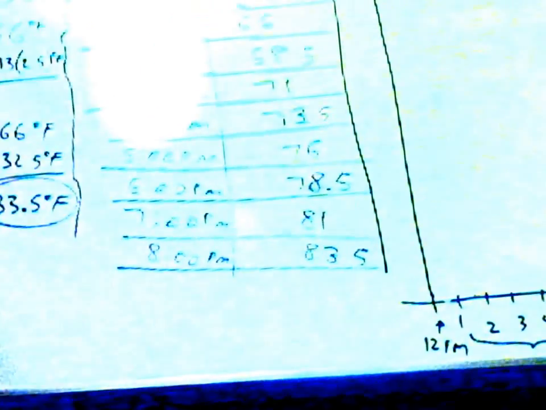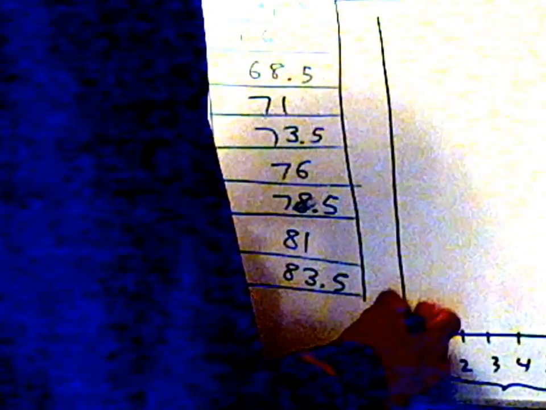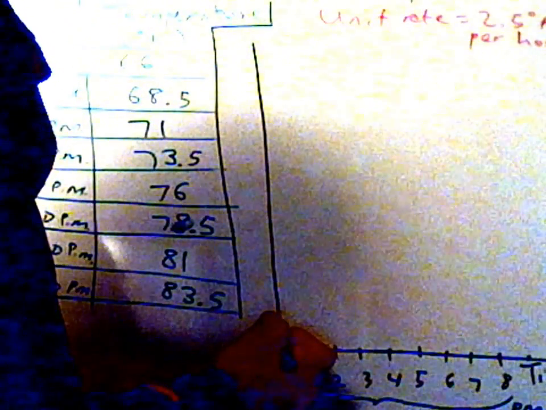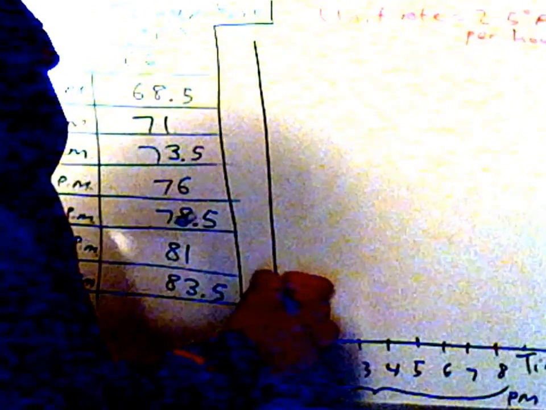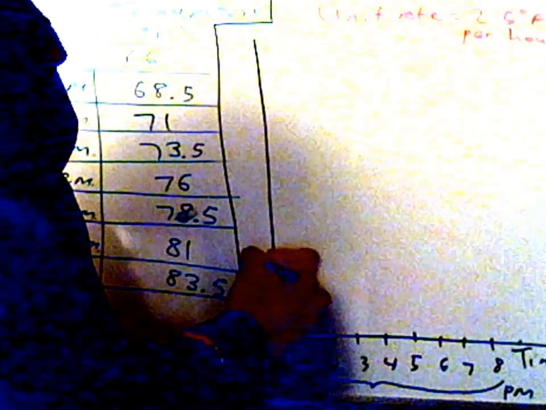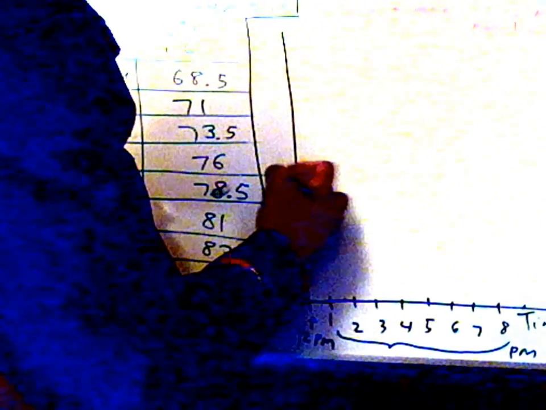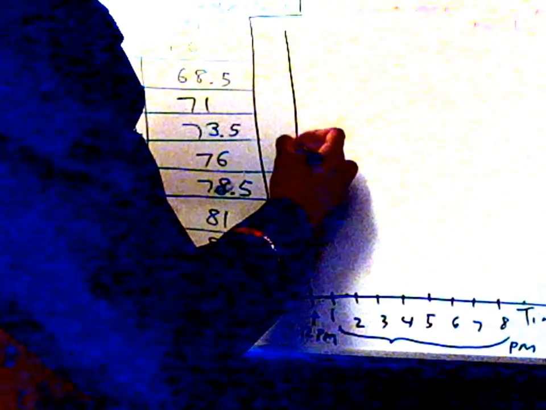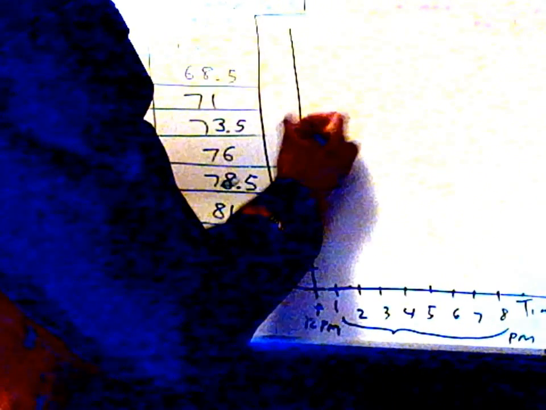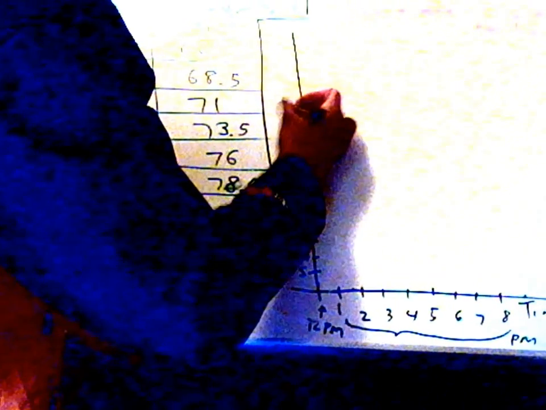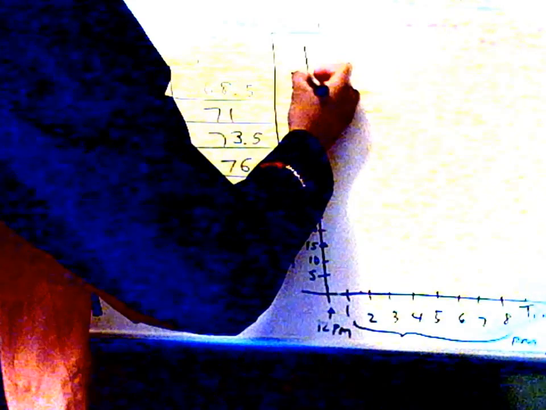Now I would probably go by 5s: 5, 10, 15, 20, 25, 30, up through 85, alright?